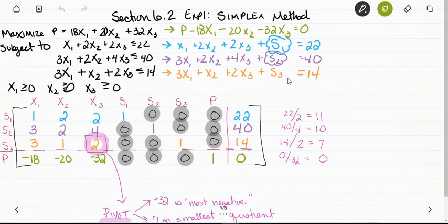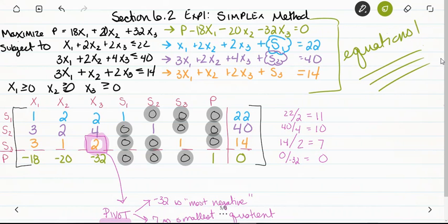Now that I have four equations, I'm going to write those into our table. And this should now remind you of the work we did with matrices and the Gauss-Jordan elimination. But all I've done here is I've put our P equation down here in the bottom.